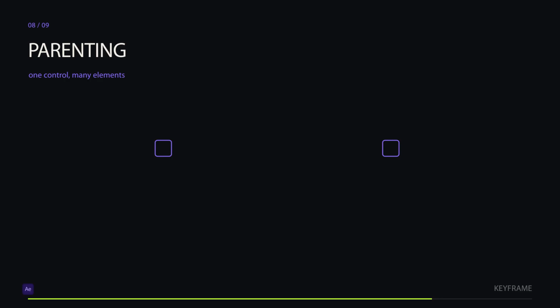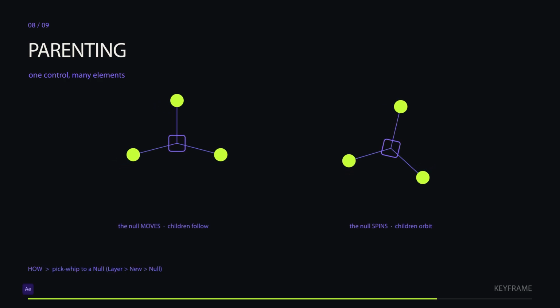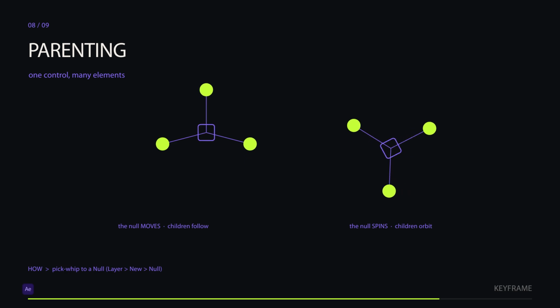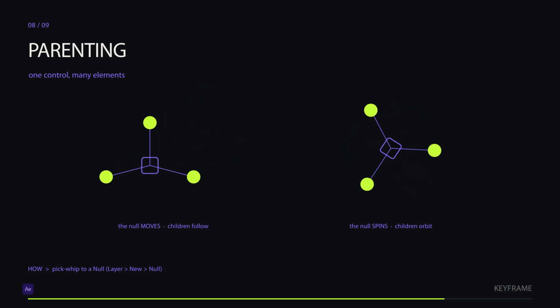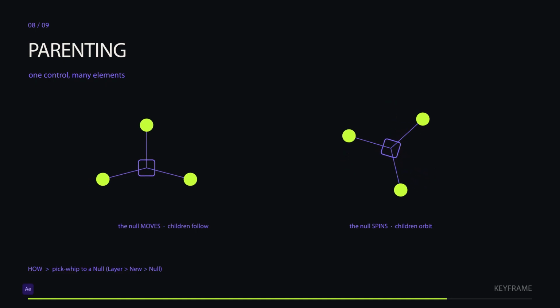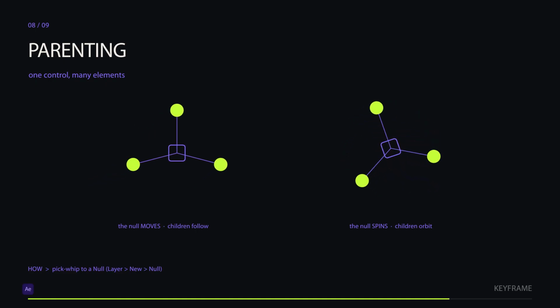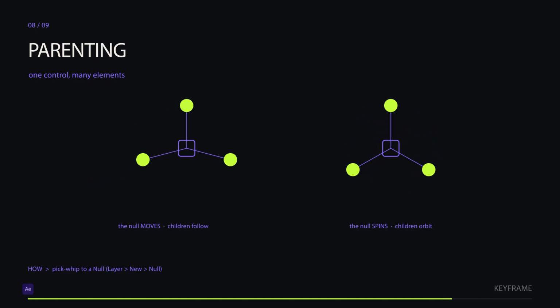Last foundation, and the one that keeps big projects sane: parenting. When several elements need to move together, you do not animate them separately. You parent them to a null object, an invisible control layer. Watch. 3 elements, all parented to one null. Move the null and they all follow as a single unit.